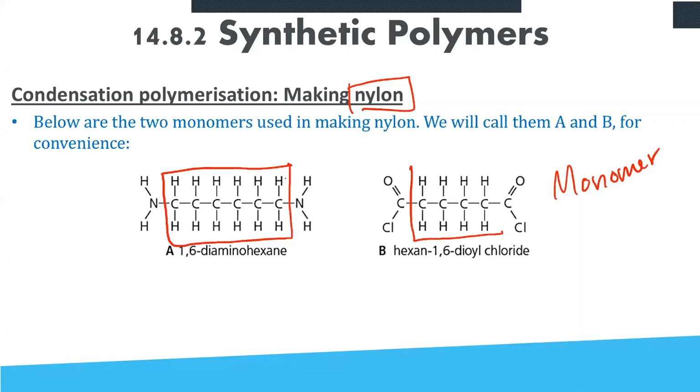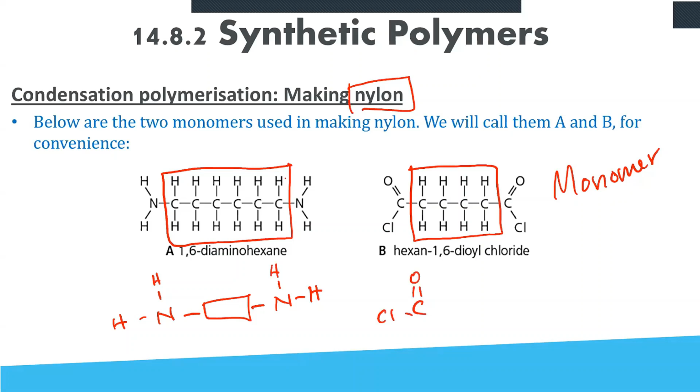All this CH part, we can represent as a box, and we can write the same structure in this manner: NH2, NH2. For the next one, COCl, C double bond O, Cl. Now the structure is much simpler, right?